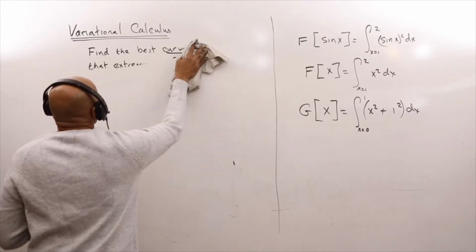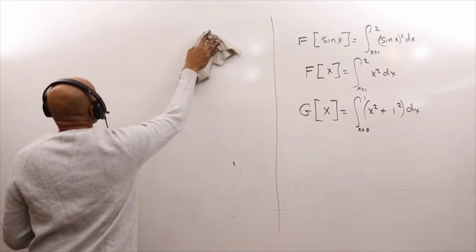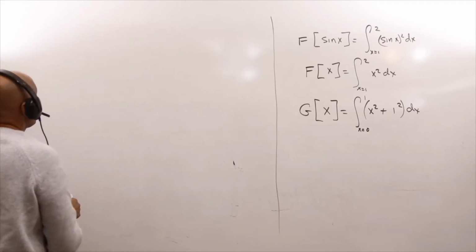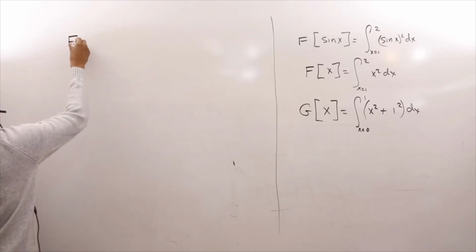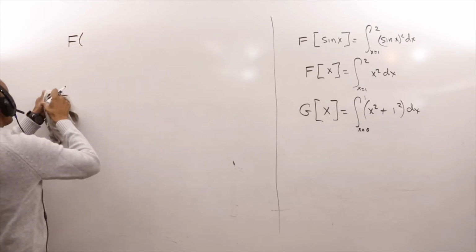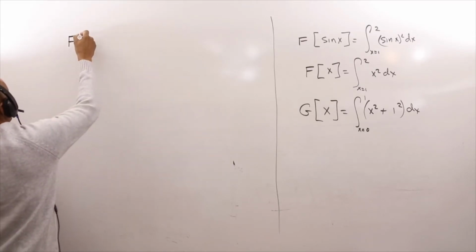So our problem in variational calculus, the first problem, is that we're given some functional. Oops, remember it's square brackets, so I made a mistake there.